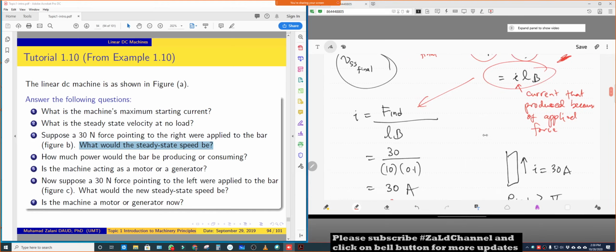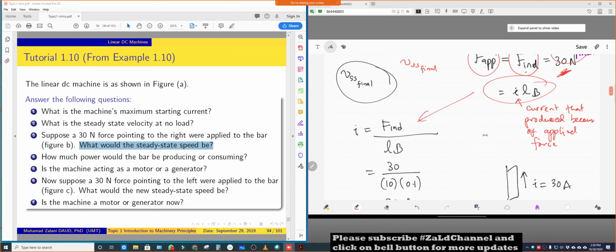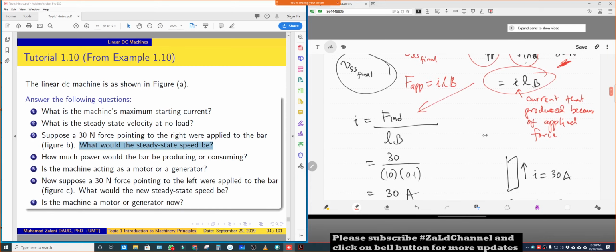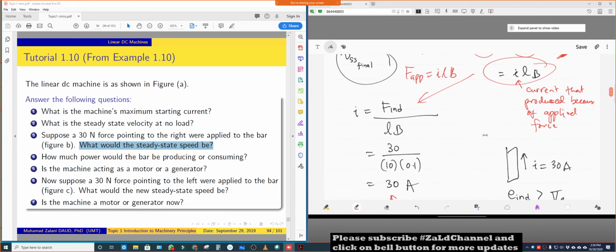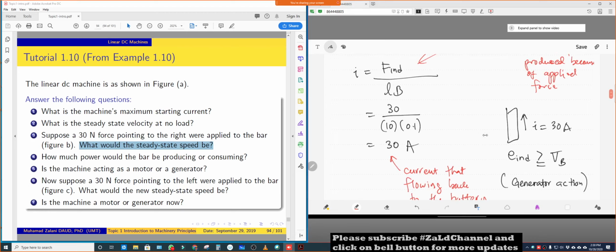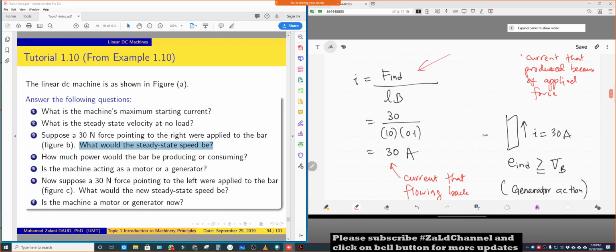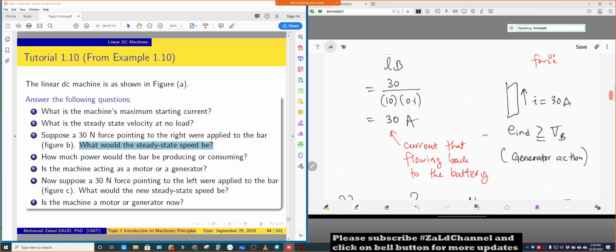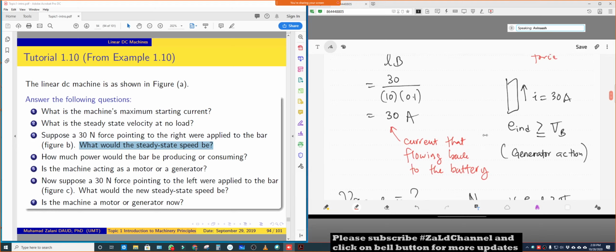So F applied equals ILB. Further rearranging the equation, finally we get a current of 30 amperes. Okay. So that is the current during VSS.